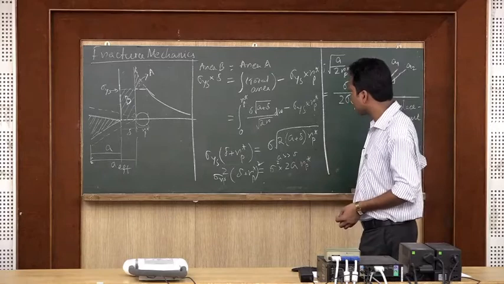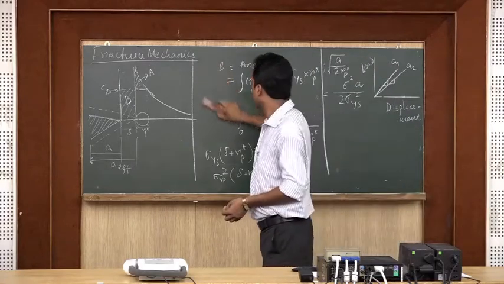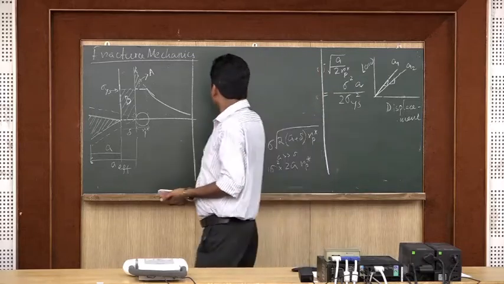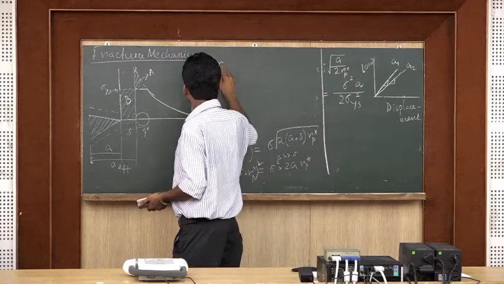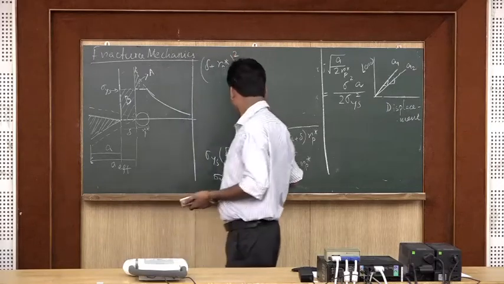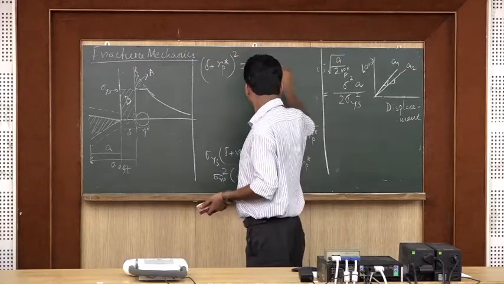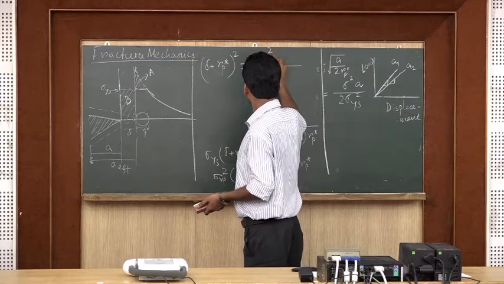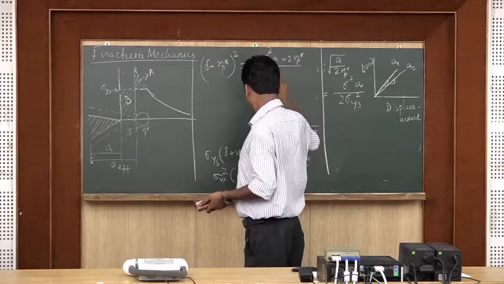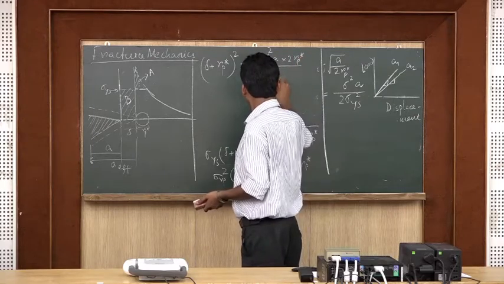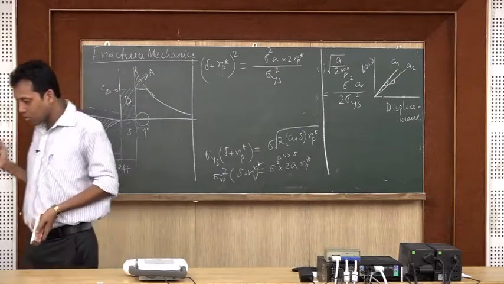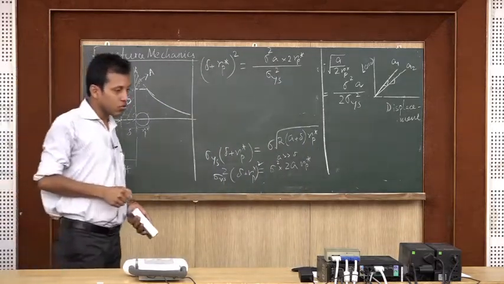So what I can write from here is (delta plus rp star) whole square equal to sigma square a 2 rp star by sigma ys square, and this sigma square a by sigma ys square equals 2 rp star.